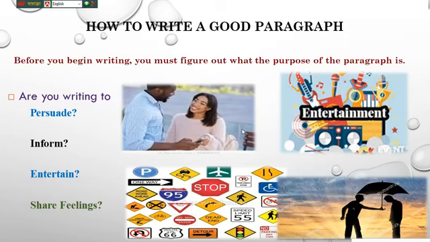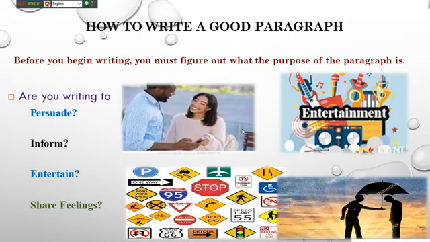All right. Before you begin writing, you must figure out what the purpose of the paragraph is. I mean, what type of paragraph you are going to write, and what information or techniques you are going to apply in writing your paragraph. So first, you see persuade.